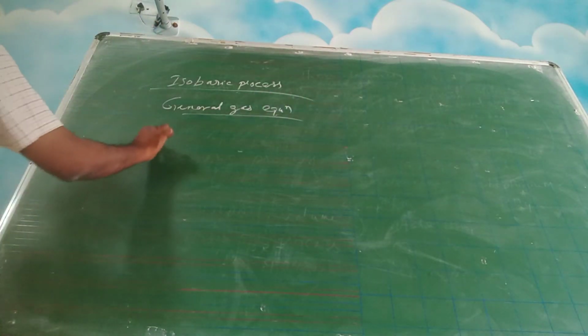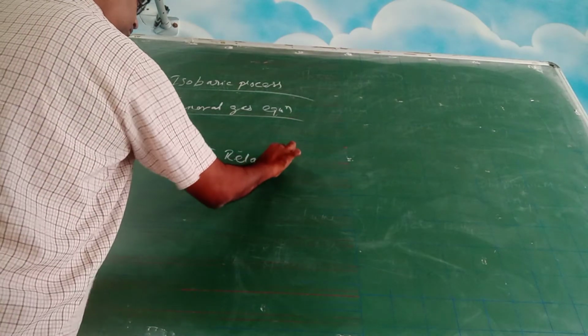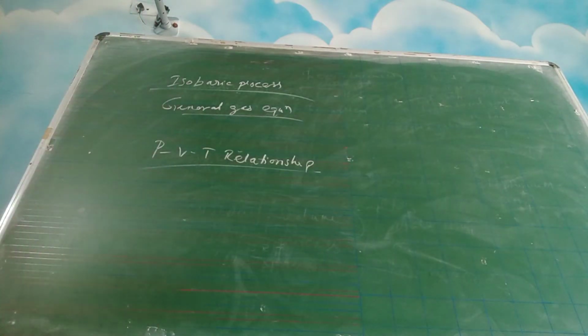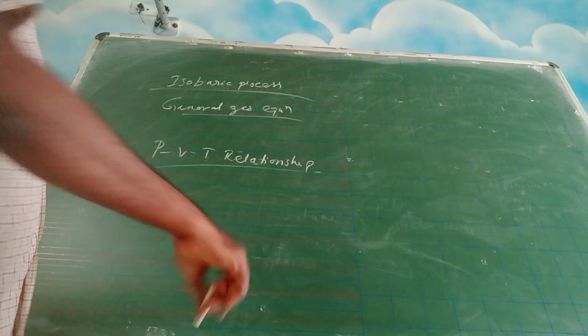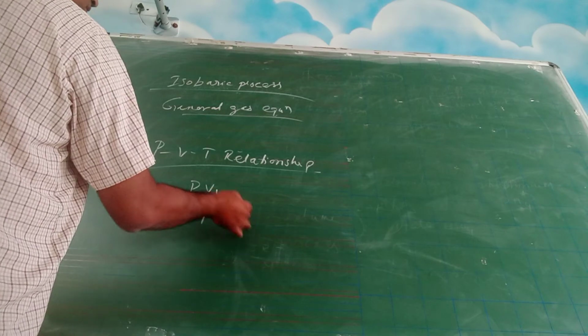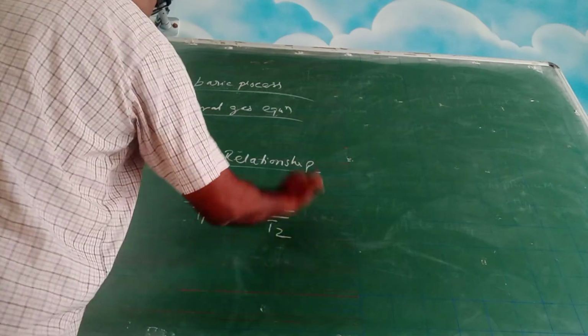The general gas equation basically is the PVT relationship at two stages. P1, V1, T1 is one stage, P2, V2, T2 is another stage. So the relationship was P1 V1 by T1 is equal to P2 V2 by T2.